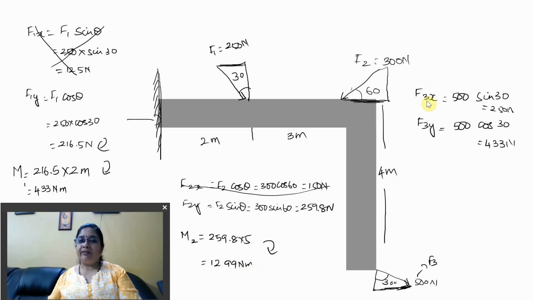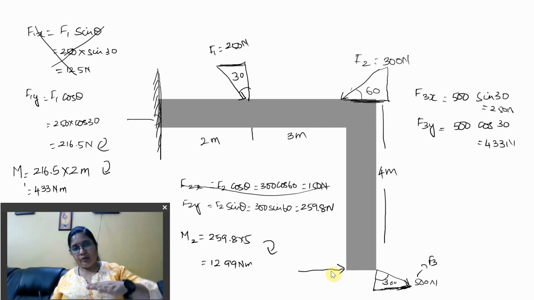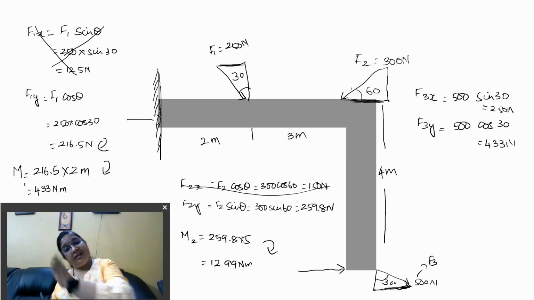Now let us take F3x. Should I do away with F3x? Absolutely not. This F3x is acting like this. What is it doing? It is pushing this L-shaped bar up, right? So F3x is a force which is acting in the anti-clockwise direction. So what will you have?